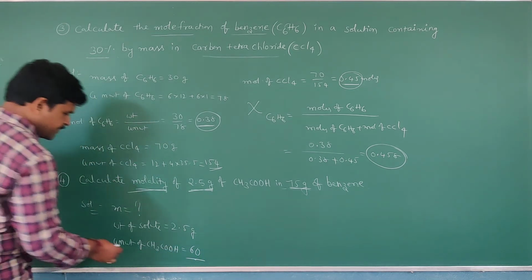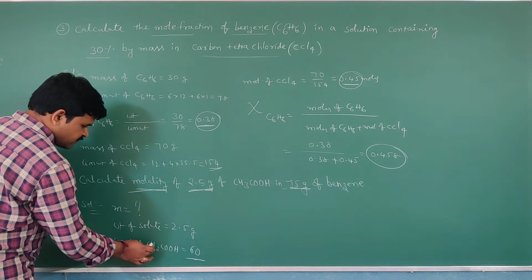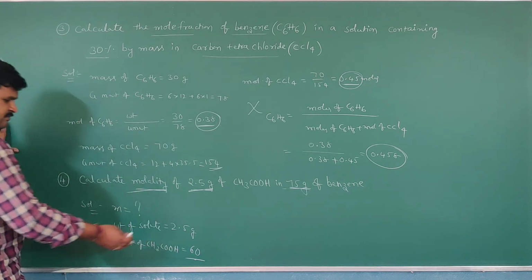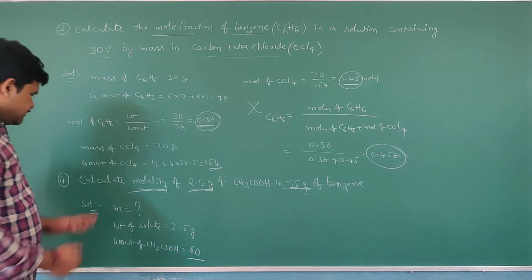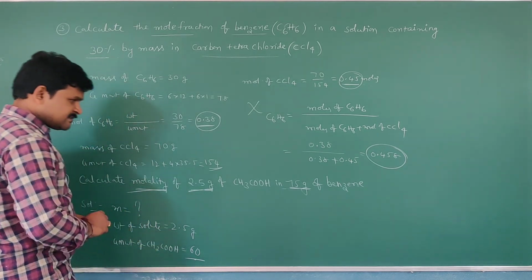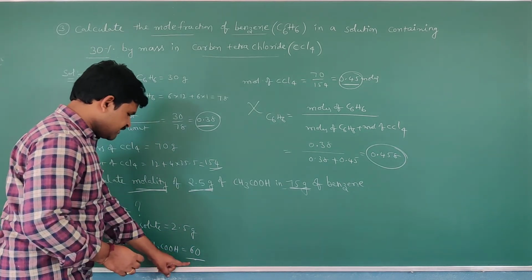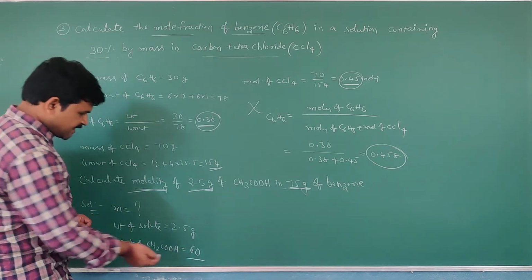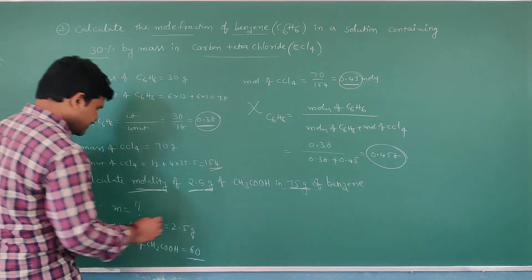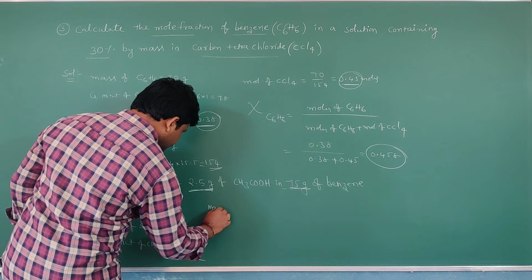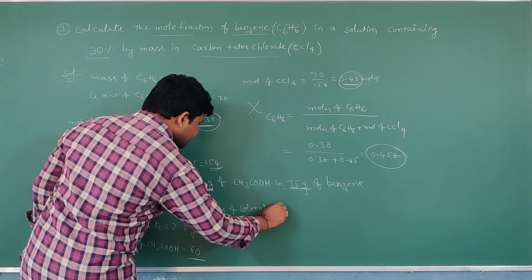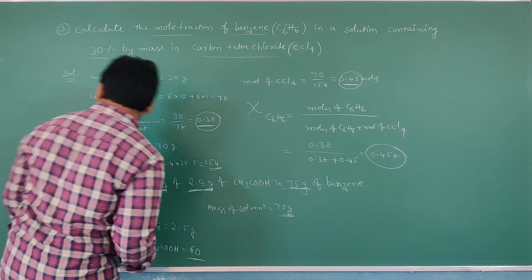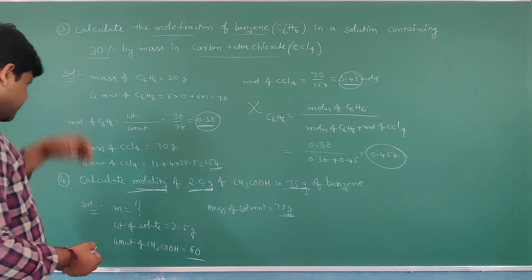Why 60? 2 carbons, 4 hydrogens, 2 oxygens. By calculating the molecular weight, you will get 60. Sometimes the molecular weight of acetic acid is given, sometimes we have to calculate it ourselves. 60 we got. Next, mass of solvent is equal to 75 grams.